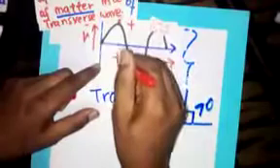Now I think you can imagine what trough is. This is crest, but I think now you can define what trough is. Another feature is trough. Because we have said this is upward or positive displacement, trough is maximum downward displacement.